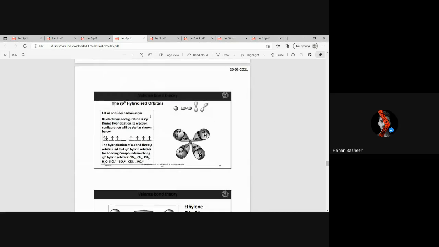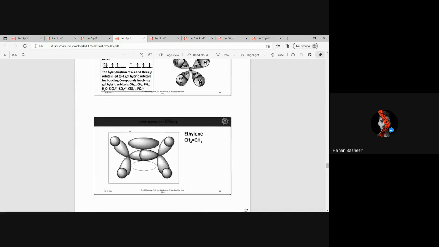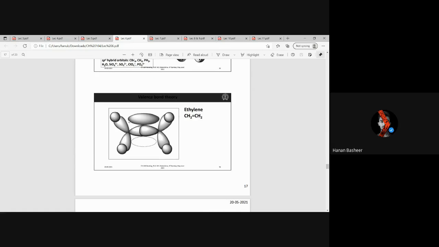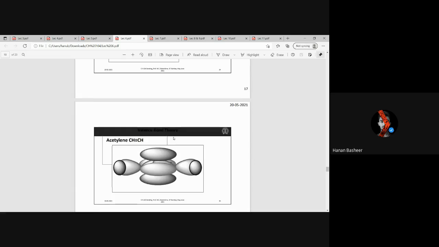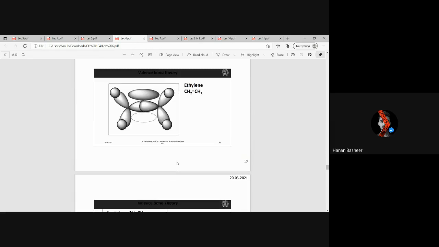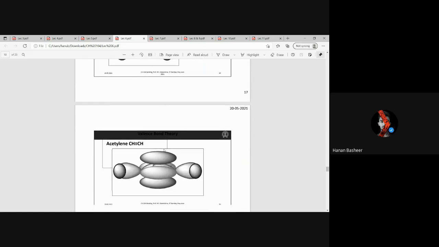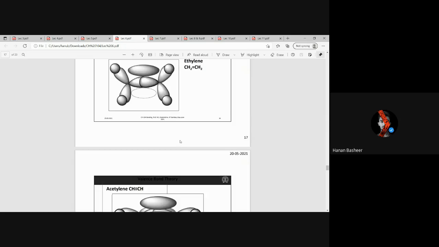These are the sp3 hybridized orbitals, in the case of CH4. Then ethylene will have this pi bonding as well, but we take only the sigma bonds into consideration. So we get sp3, and in this case we will get sp. Sorry, in this case we get sp2.